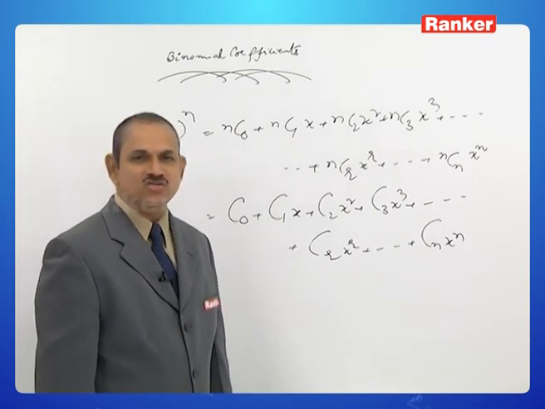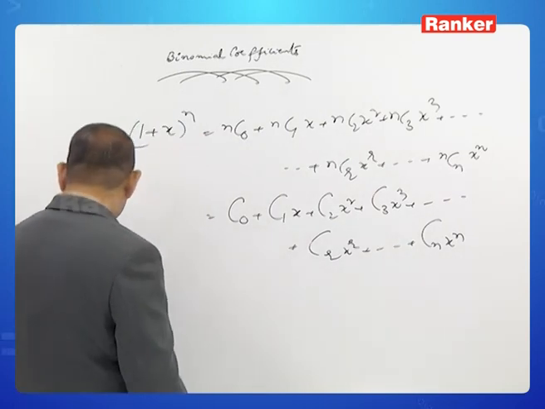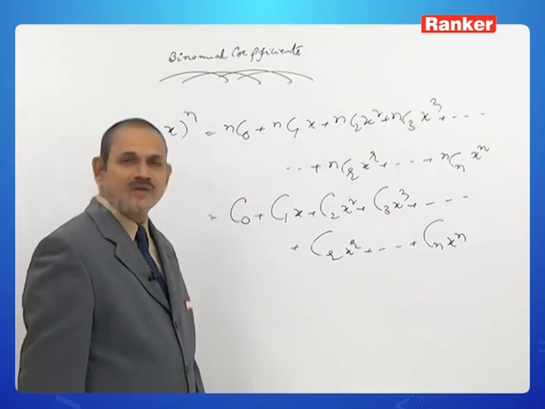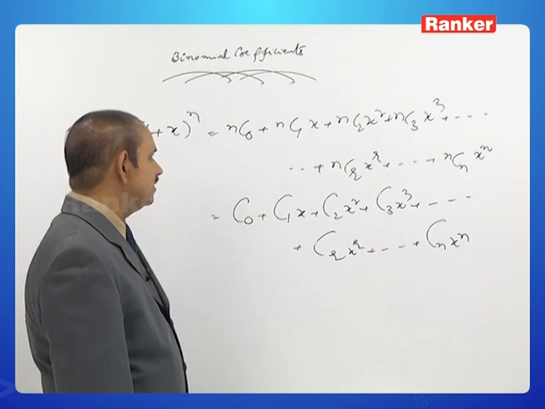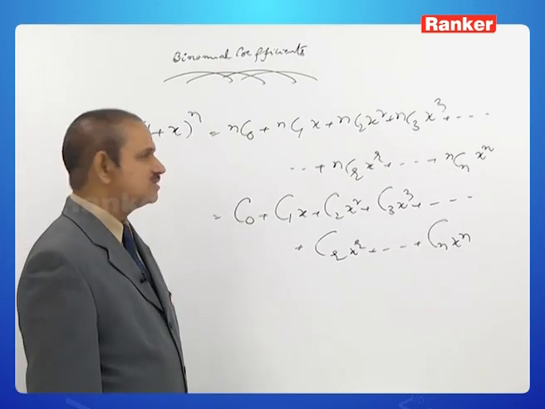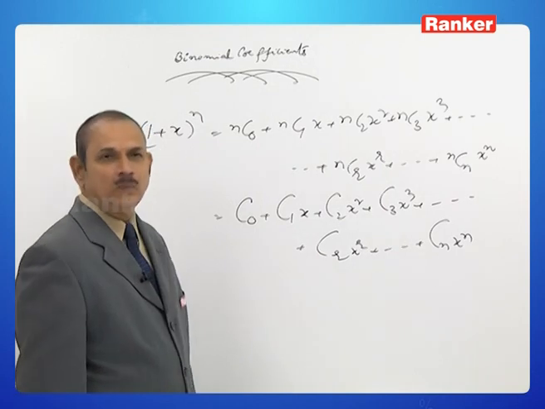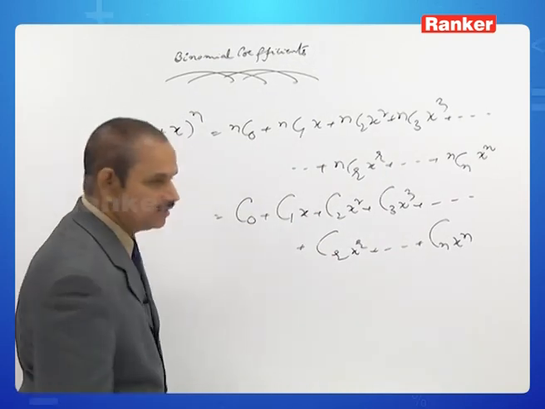One by one, let us study those properties well. So, nC0, nC1, nC2, nC3, etc., nCn are symbolized with C0, C1, C2, C3, etc., Cn.